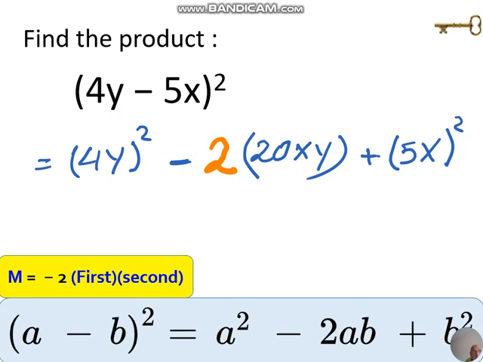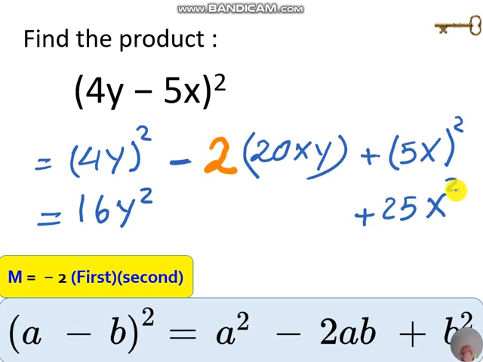Equals 4y quantity squared means 4y times 4y, I get 16y squared. Also, the last term 5x quantity squared means 5x times 5x is 25x squared. The middle term, which is negative, 2 times 20, I get 40xy.